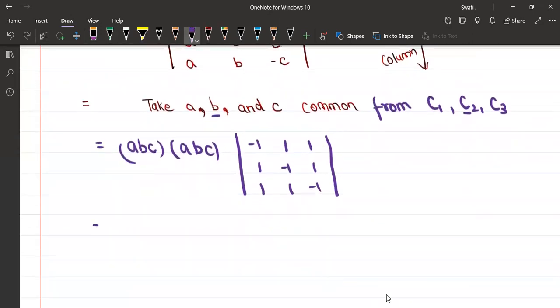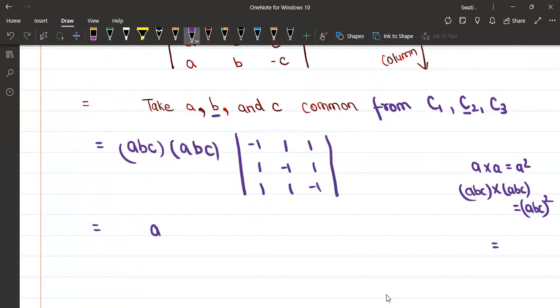Now outside the determinant, we have ABC into ABC. We know that A into A is A square, so here we have ABC times ABC, that is ABC whole square. Remember, ABC whole square tells you that the exponent will come on each of the variables inside the bracket.